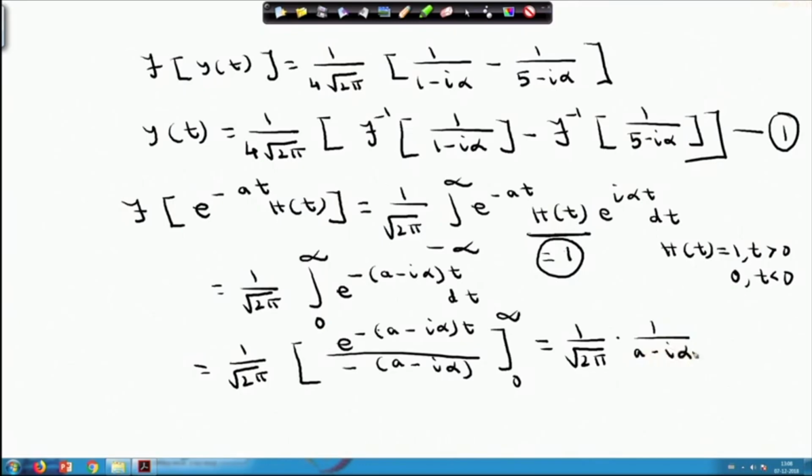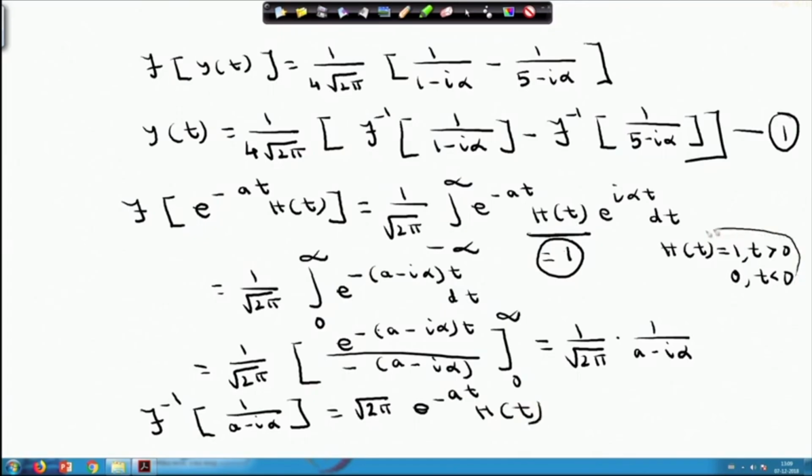So once I have obtained the Fourier transform of e power minus at into h(t), I see that it is 1 by root 2 pi into 1 by (a minus i alpha). From here you can write the inverse Fourier transform: 1 by (a minus i alpha) is nothing but root over 2 by pi e power minus at into h(t), where h(t) has been defined over here.